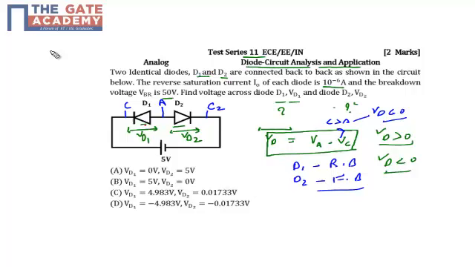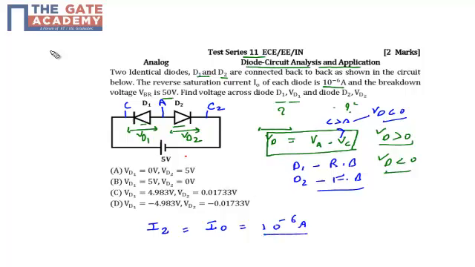If D1 is reverse biased, we know that in a reverse biased diode only the reverse saturation current flows. So across D1 only the reverse saturation current can flow, which is equal to I naught, given as 10 raised to the power minus 6 ampere.